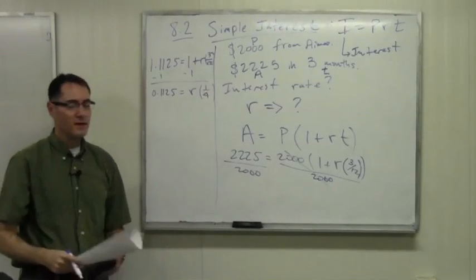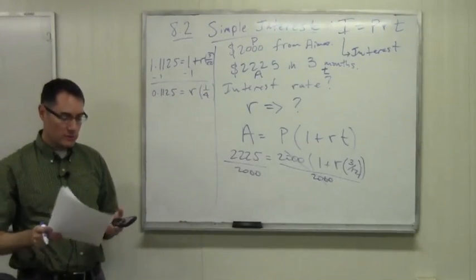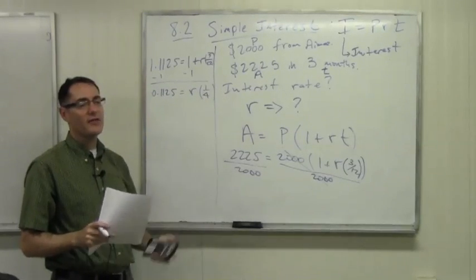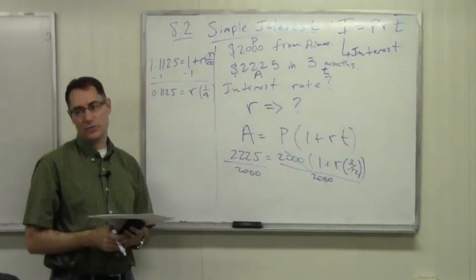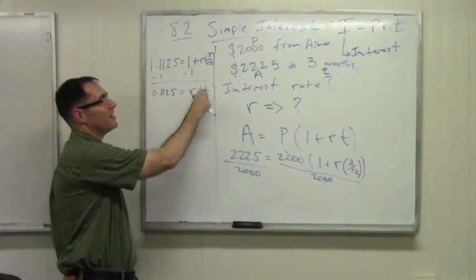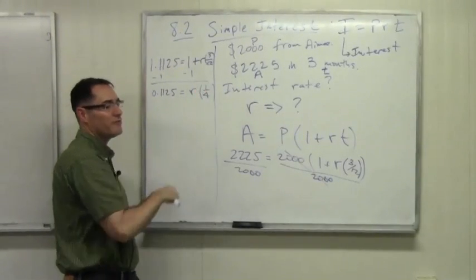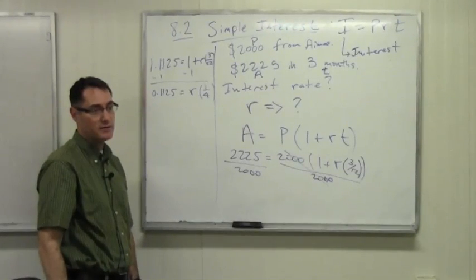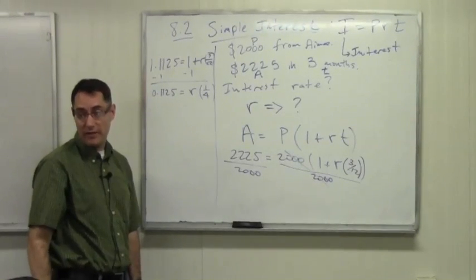Now, a bunch of you did not know how to get rid of this on the quiz last week. If this is being multiplied by 1/4, you could do what to both sides? Divide by 1/4.